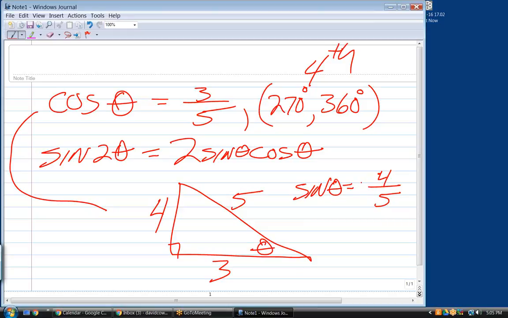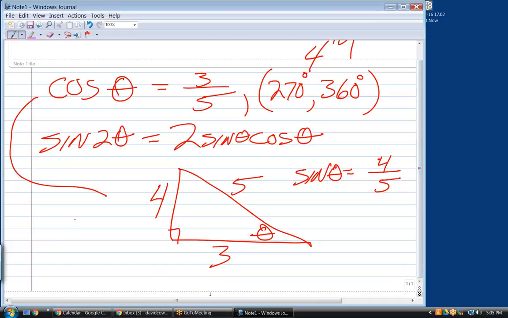Plus or minus sign? I have no idea. Okay. When you have a unit circle, the easiest way to remember this is that you number your quadrants counterclockwise. All students take calculus.